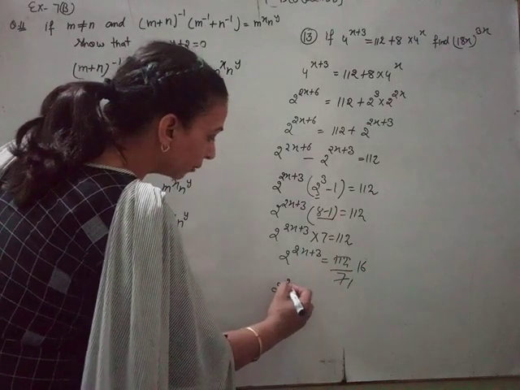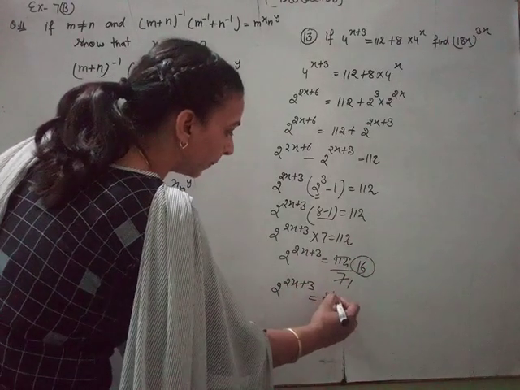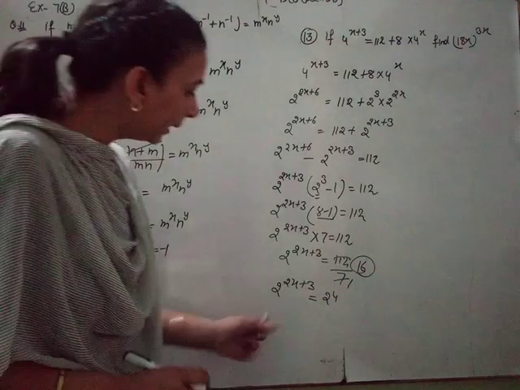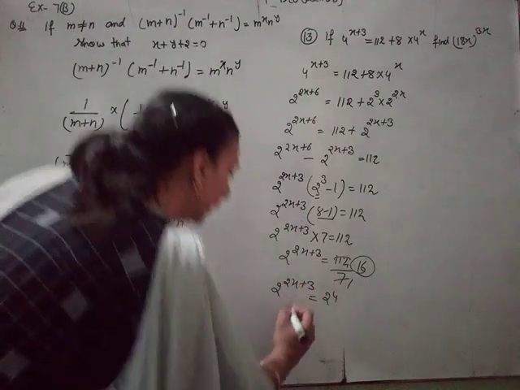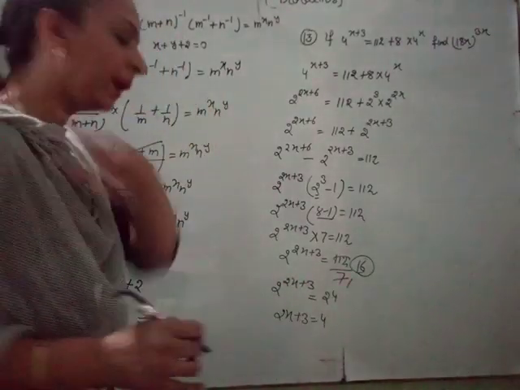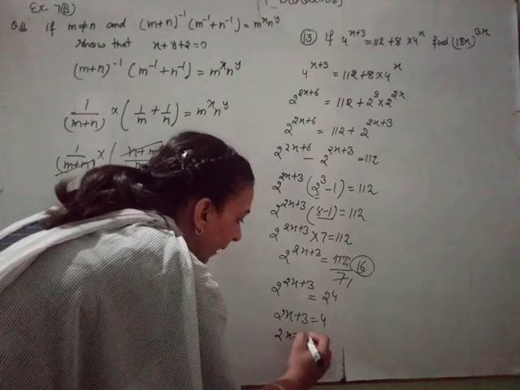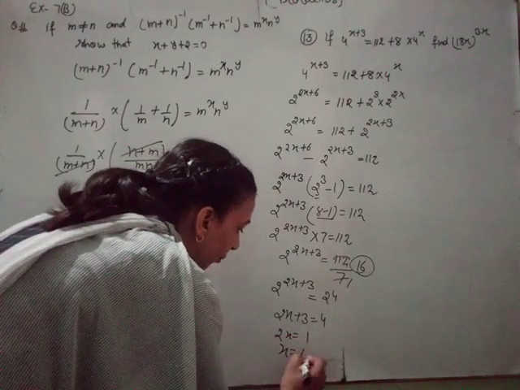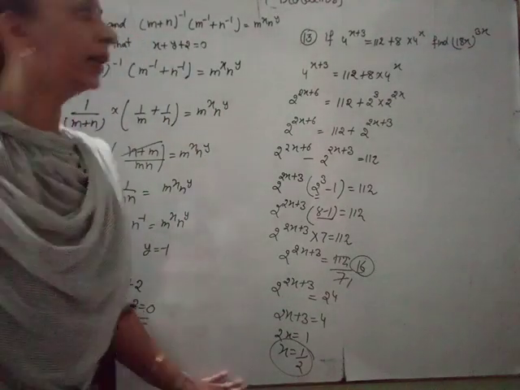Okay, 2 raised to the power 2x plus 3 equals, we write 16 as 2 raised to the power 4. Students, if the bases are the same and the expressions are equal, then the powers are also equal, so 2x plus 3 equals 4. We compare the powers, both are equal, then 2x equals 4 minus 3, which is 1, so x equals 1 by 2. We find the value of x.